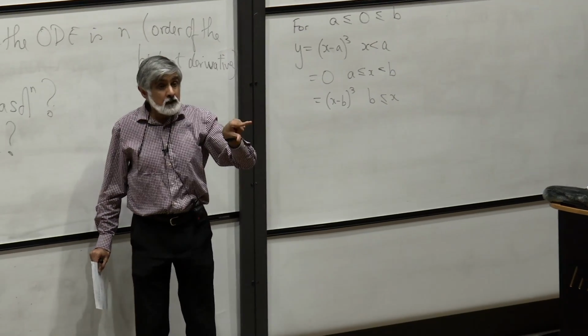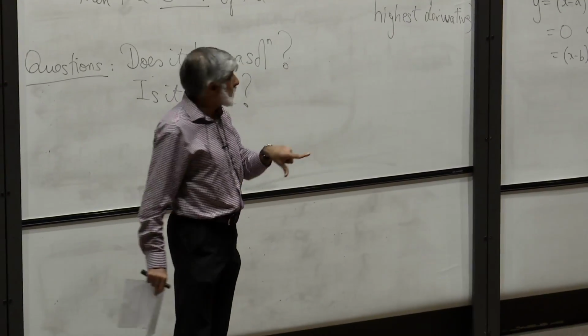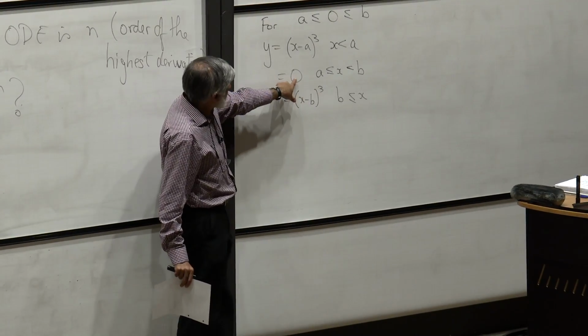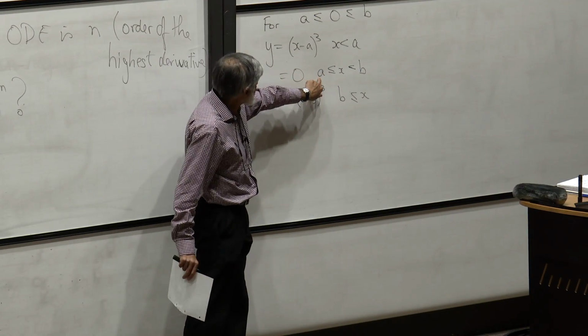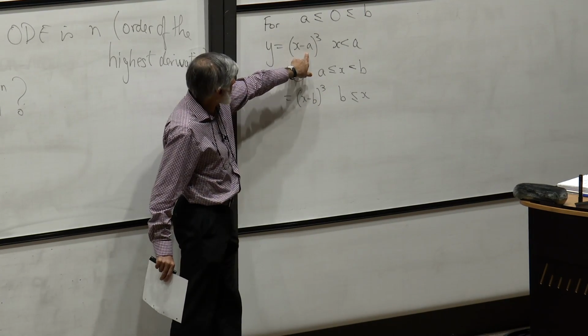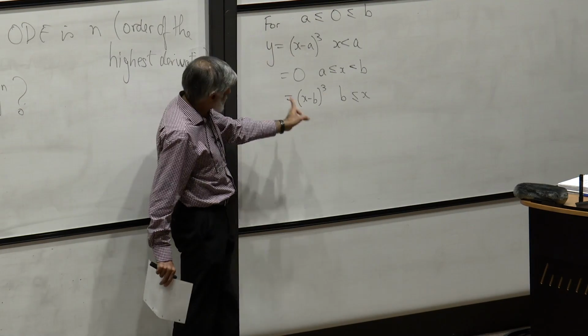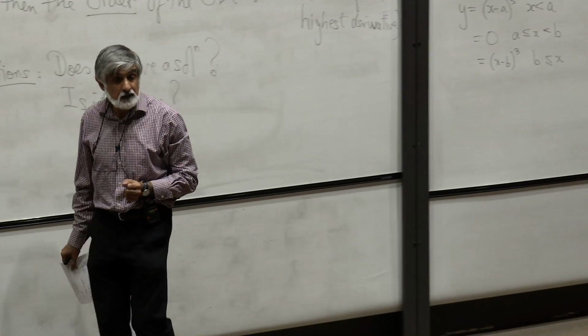Now, does a derivative exist for all values of x? Well, yes, because this is sufficiently smooth that if you look at the derivative of this at a, and look at this at a, the derivative is 0. So this is a continuous function with continuous first derivative.